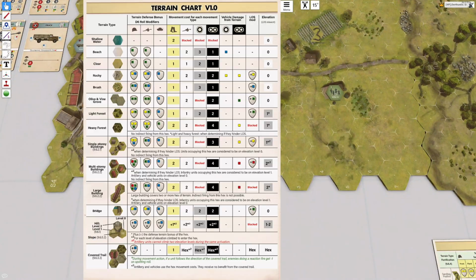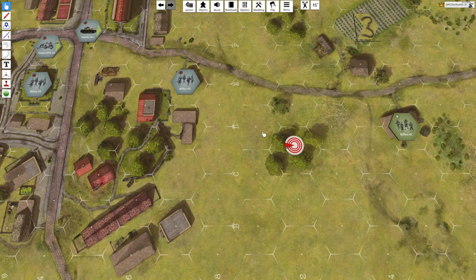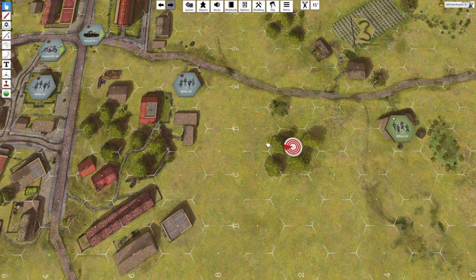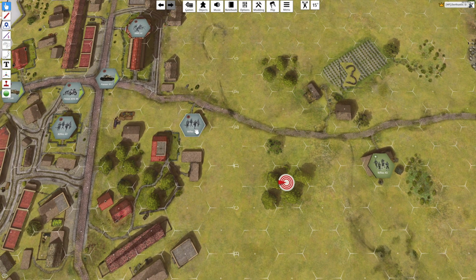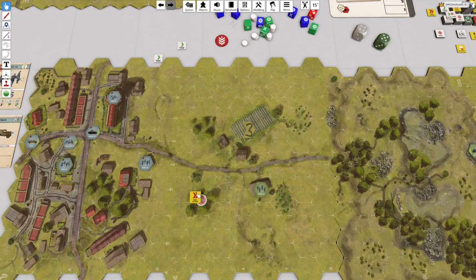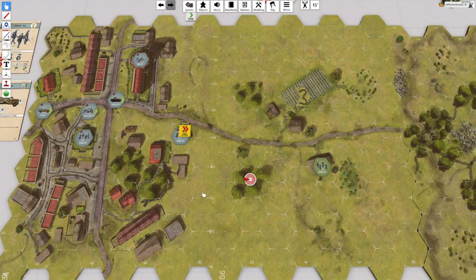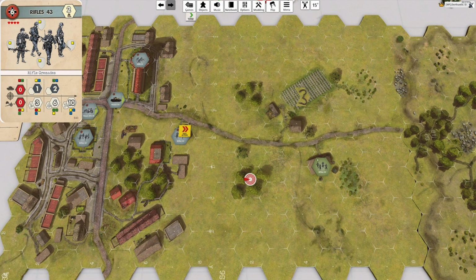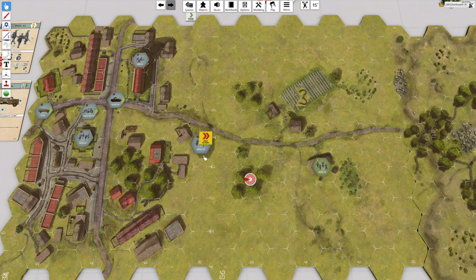To enter the light forest, I need again 1 point, so I need 1, 2, 3. To achieve this, I can raise my movement allowance by 1 using a fast action. So I activate my unit, and I can raise from 2 to 3, and so I can move 1, 2 and 3 into this light forest. But as I said before, infantry gets weaker in defense while doing a fast action.